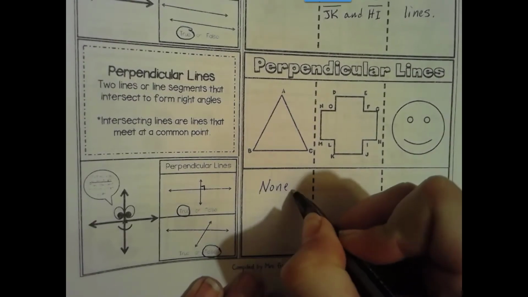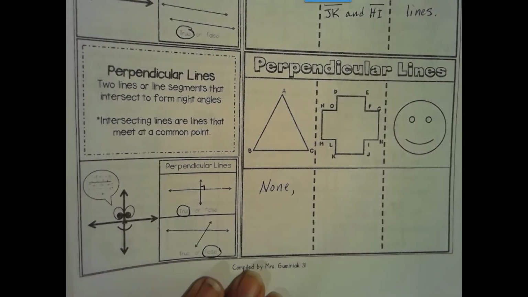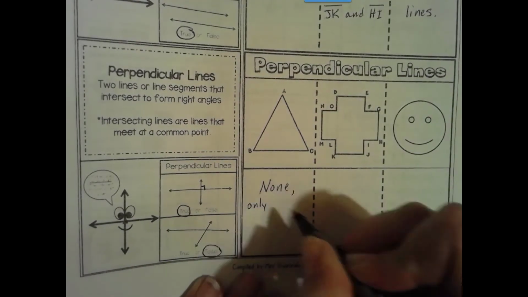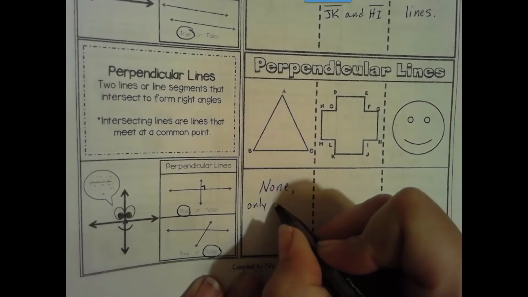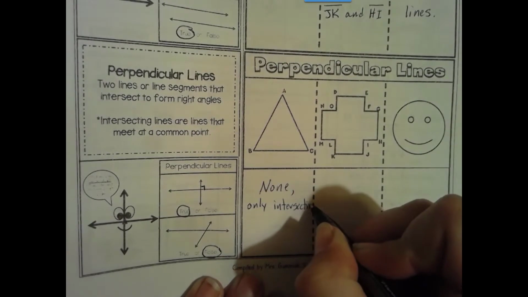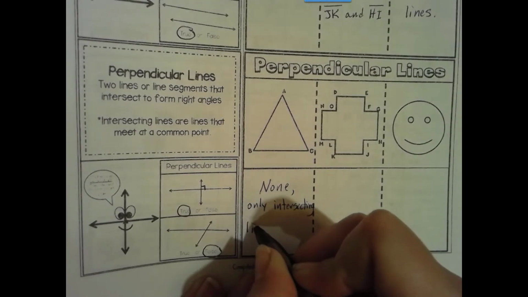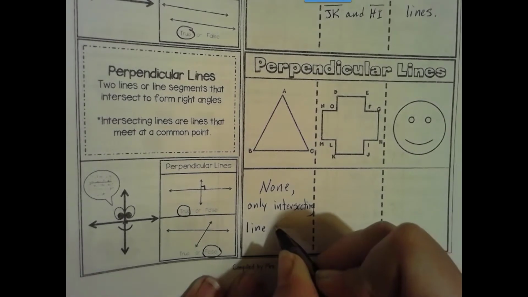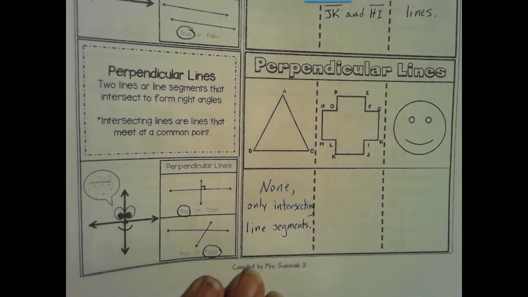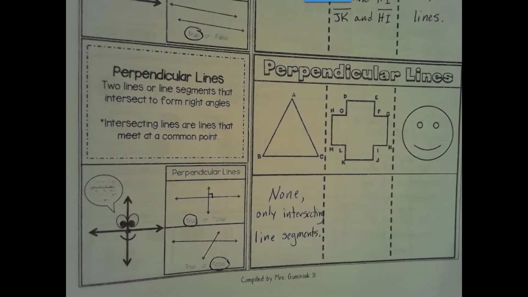All we have are intersecting line segments. They intersect, but they do not form the right angles, so they're not perpendicular.